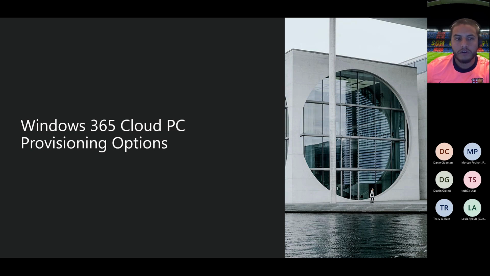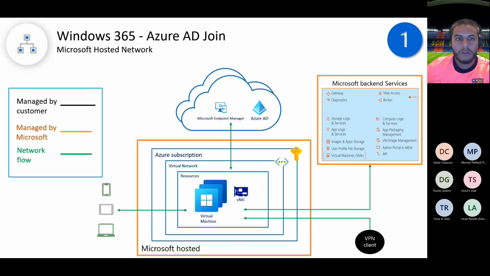All right. So first, we're going to jump into the architecture options. The first option is the Azure AD Join Microsoft hosted network. This is the first design option, and it is the recommended approach if you're not familiar with cloud PCs.